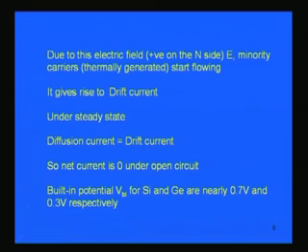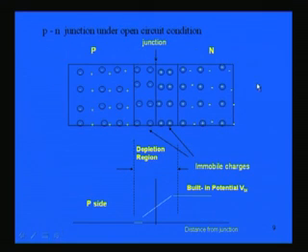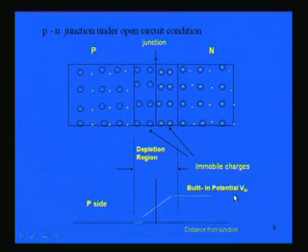Now this built-in potential for silicon and germanium is typically nearly 0.7 volt and 0.3 volt. This barrier potential is such that, if we consider from the p side, it will be rising and reaching a maximum value. This built-in potential is VBI.